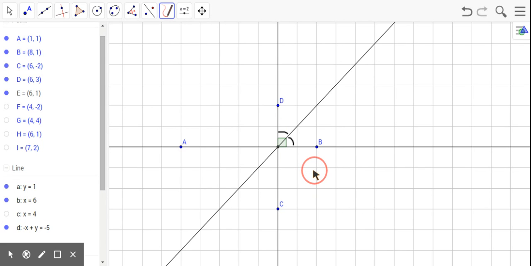And they're both adjacent angles. So what can you tell me if I have 2 adjacent acute angles that meet at a perpendicular intersection? What can I say about these 2 angles whenever they're here at this perpendicular intersection? So go ahead and pause the video and discuss this with your group.